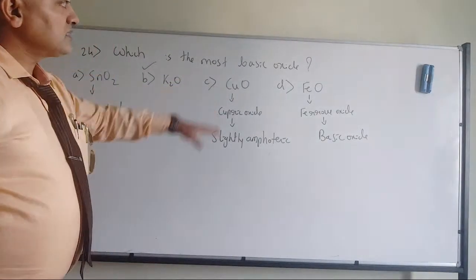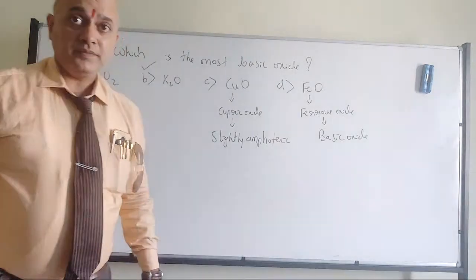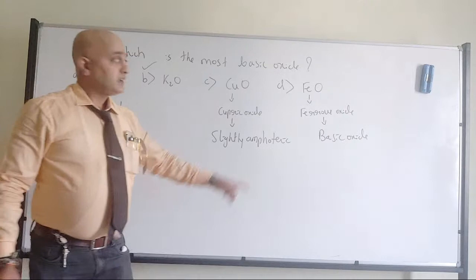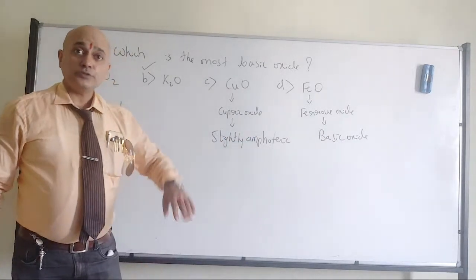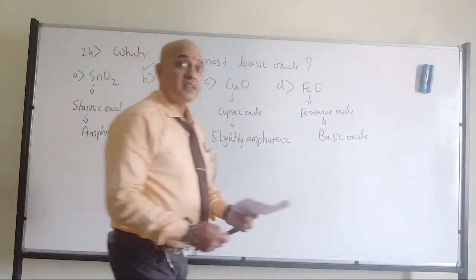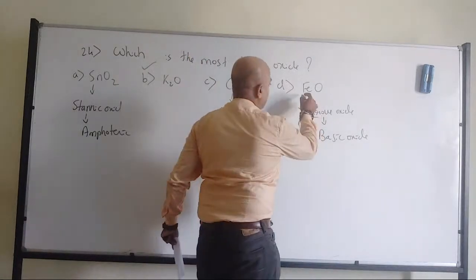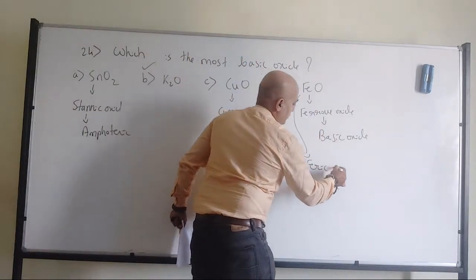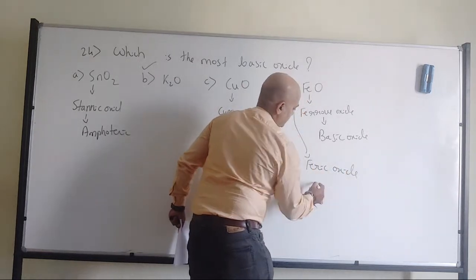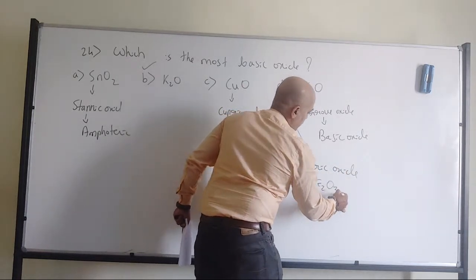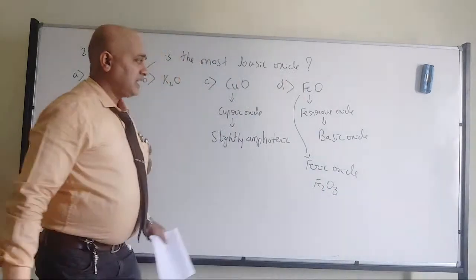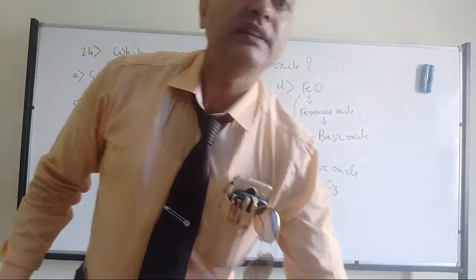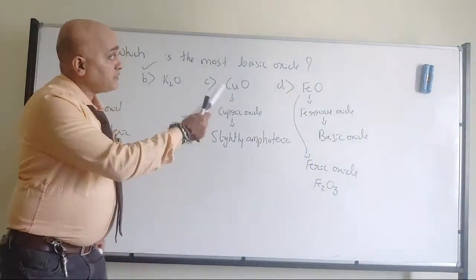Ferrous oxide is only slightly basic, because it can donate an electron to become ferric oxide. Ferrous oxide is slightly less stable. It will get converted into ferric oxide, Fe2O3, where iron has a +3 charge, which is stable. The ferric ion is stable compared to ferrous.